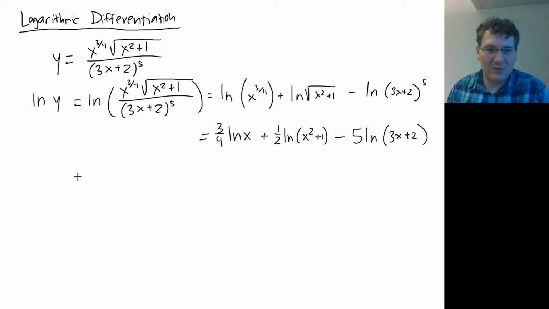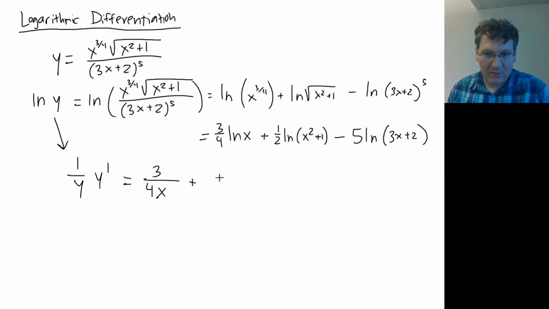And now what I do is I take the derivative of both sides implicitly. So what I'm going to get is 1 over y times y prime. That's the derivative of natural log of y, equal to the derivative of the right-hand side. That's going to be 3 over 4x, for the 3/4 natural log of x, right?